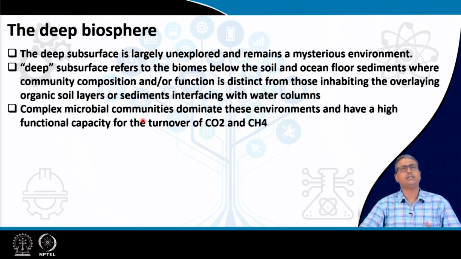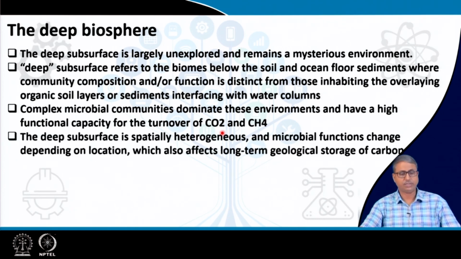So, both the oceanic deep subsurface and the terrestrial deep subsurface are found to play a very important role in sequestering the carbon. Complex microbial communities are found to dominate these environments, both the oceanic crust as well as the terrestrial crust, and these organisms, as I mentioned, are not very well characterized, but they show potential high functional capacity for the turnover of carbon dioxide and methane.